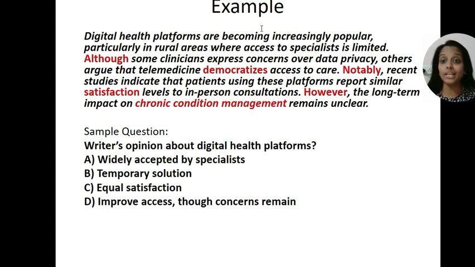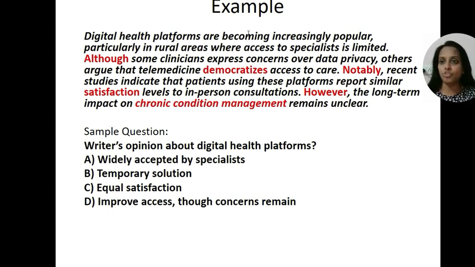And if you look for language shifts, the word although introduces contrast, and however near the end shows a slight caution, right? This shows the writer is being measured, not blindly positive. And the implications, while long term effects are unclear, satisfaction is the current focus. And chronic condition management is also not dismissed, just marked as pending evaluation, right?